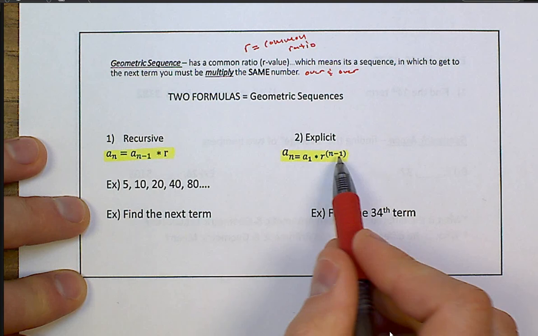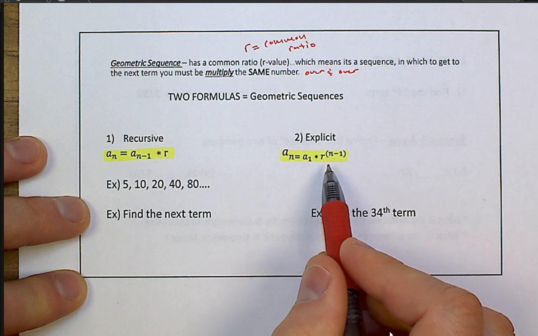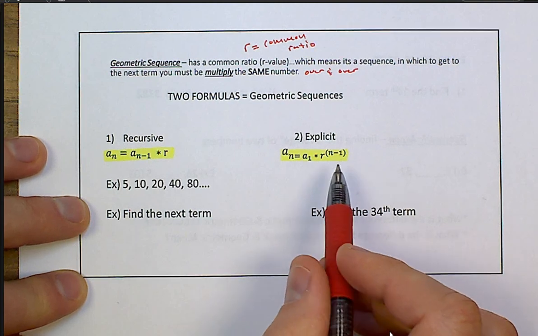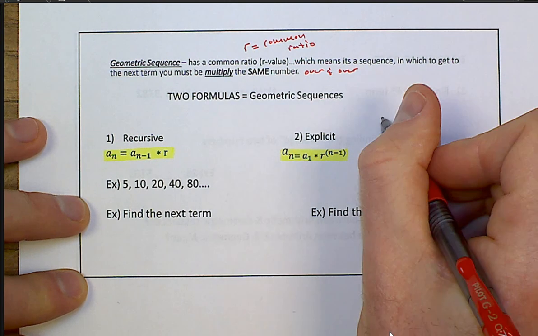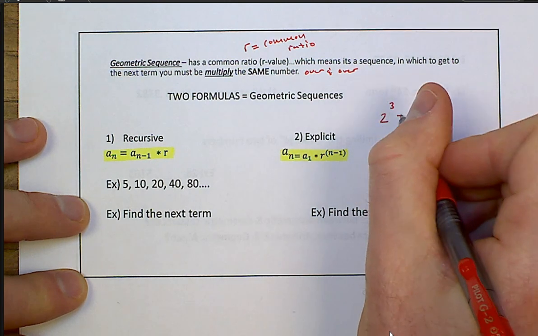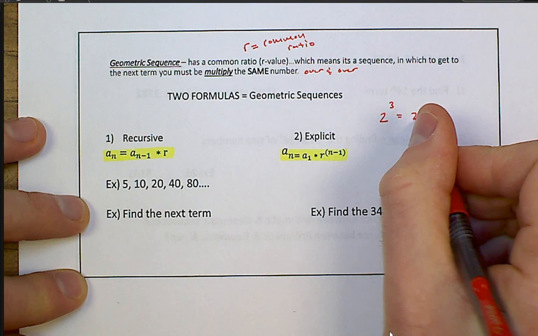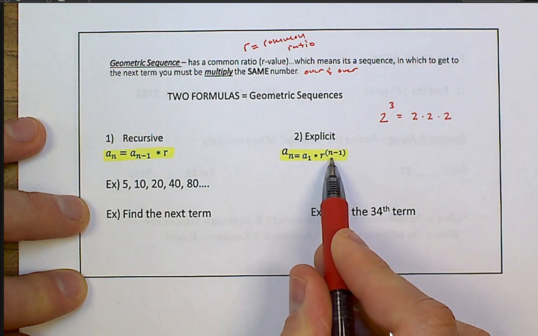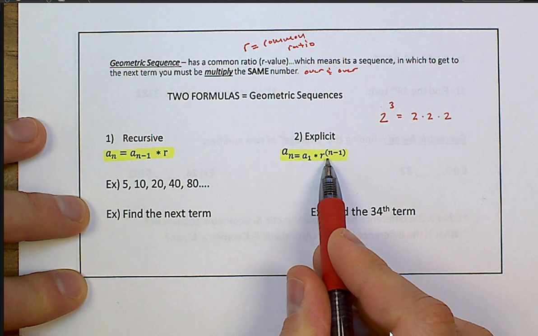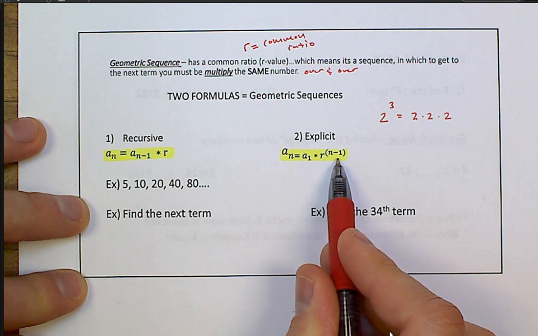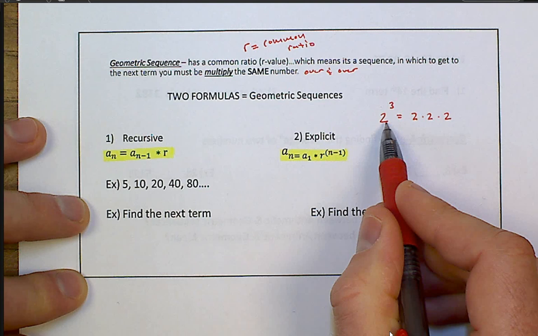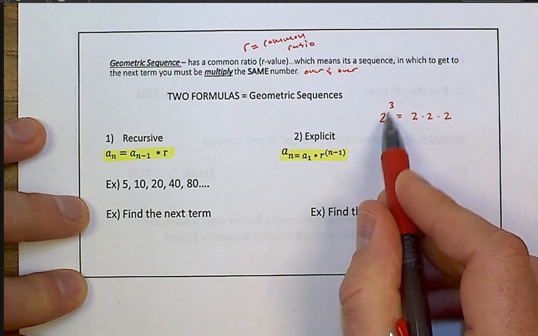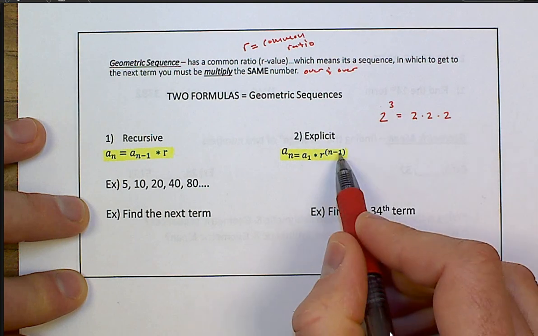With the explicit formula, when you multiply a number over and over again, what are you doing? Well, in my mind, I immediately think of like 2 to the third power. I'm taking 2 and I'm multiplying it over and over again. So this should make sense because it's going to become basically an exponential function because we're multiplying the same number over and over again. That's why this is an exponent. That's why your n minus 1 is an exponent.